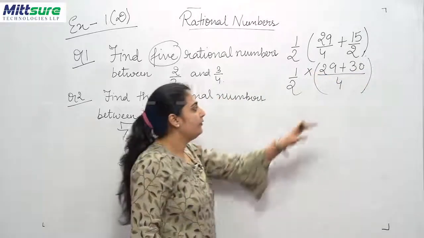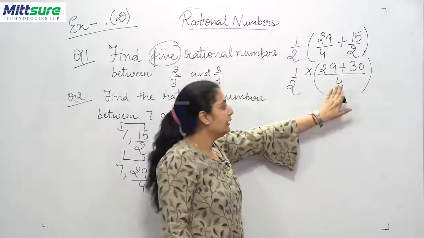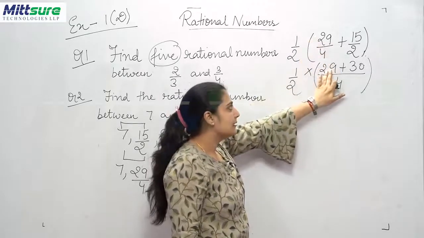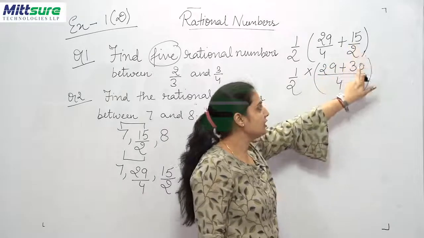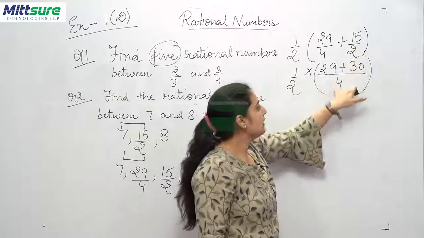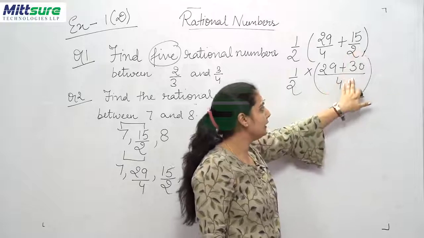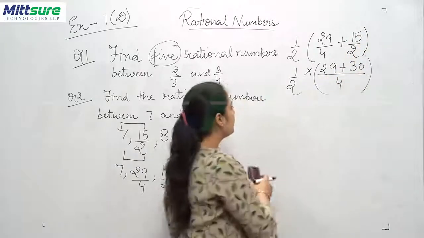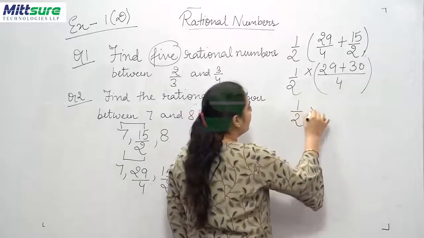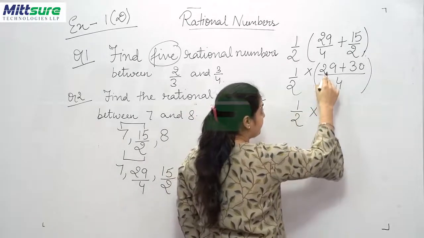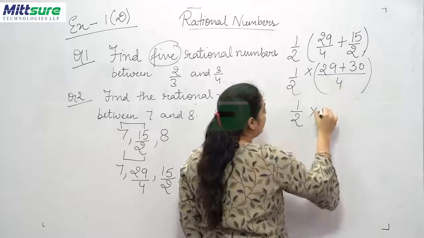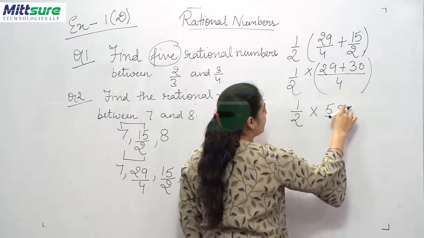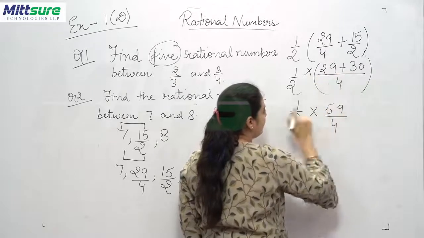Clear? What have I done? 4 has been taken as the LCM. 29 will come as it is. 15 will get changed to 30 because when you divide 4 by 2, you get 2, and when you multiply 2 by 15, you get 30. So, 1 upon 2 multiplied by, now we will be adding, it will be 59 upon 4. 9 as it is, 2 and 3, 59.